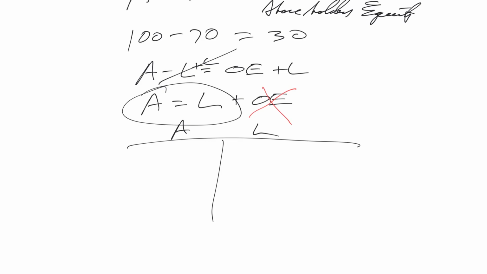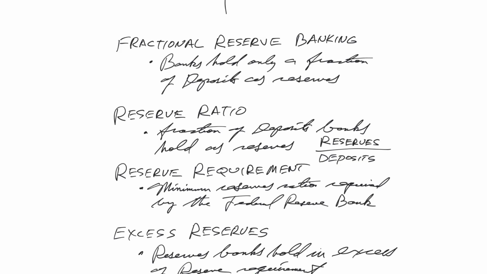So that's the approach we're going to take in a minute. Now, there are some definitions we might as well just get out up front. We've got to know the meaning of these things. First, fractional reserve banking. What is that?